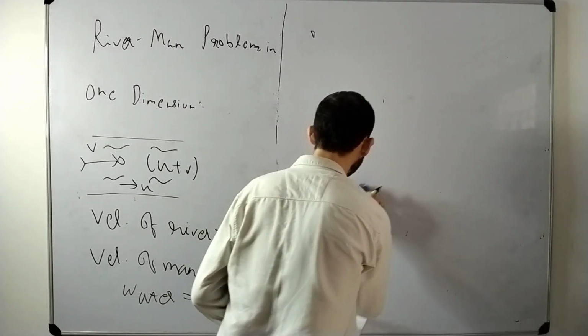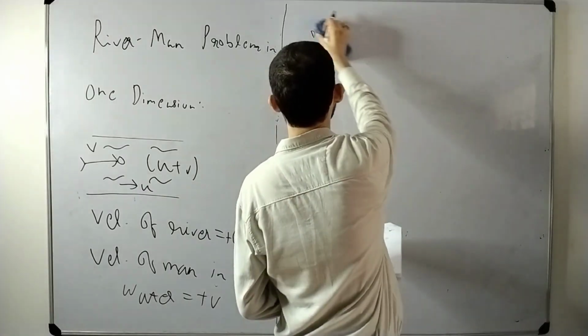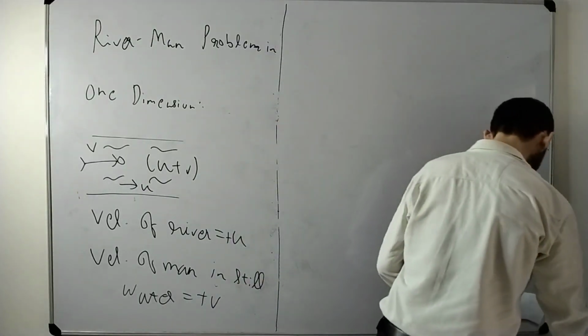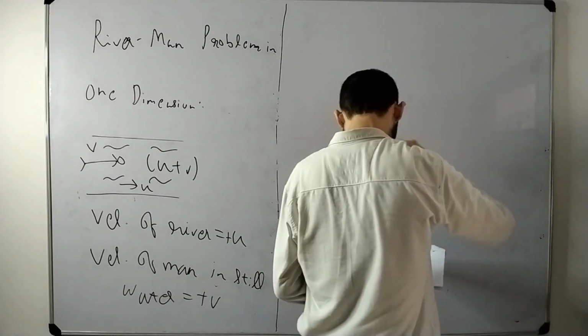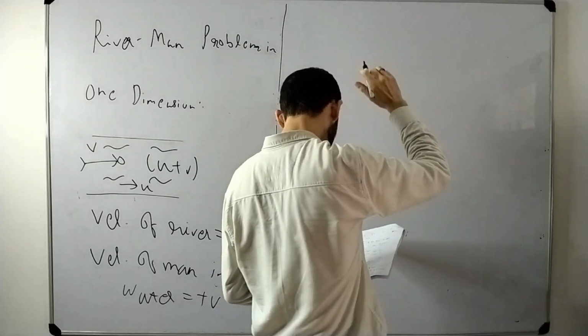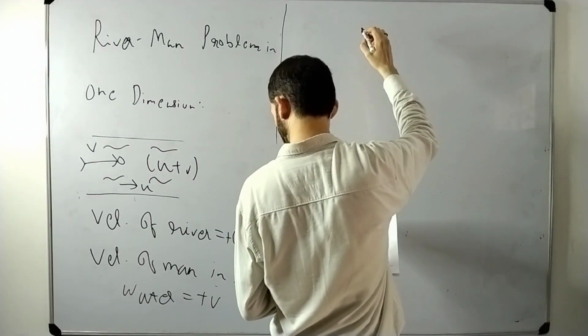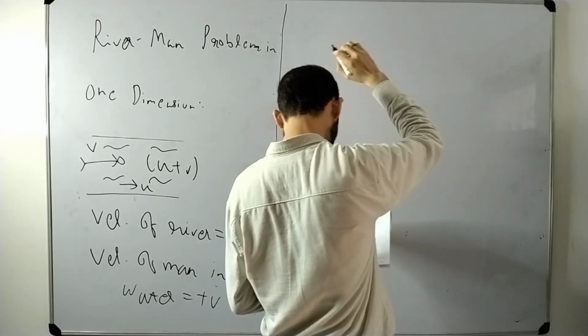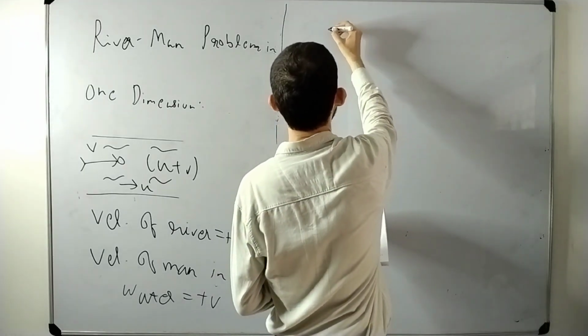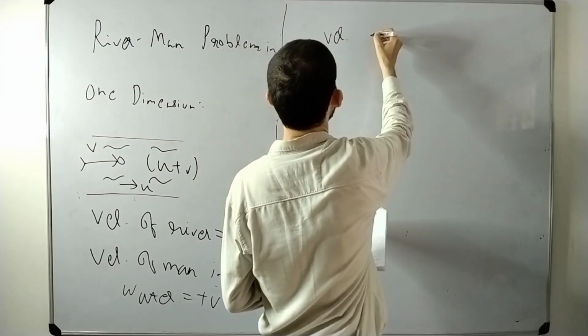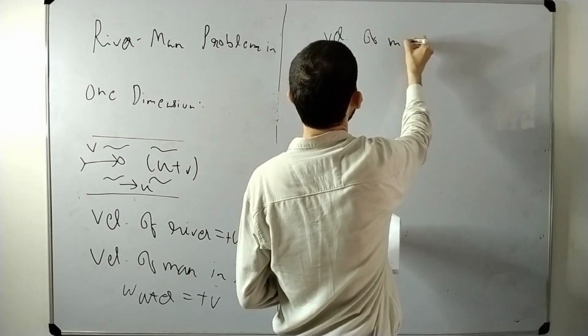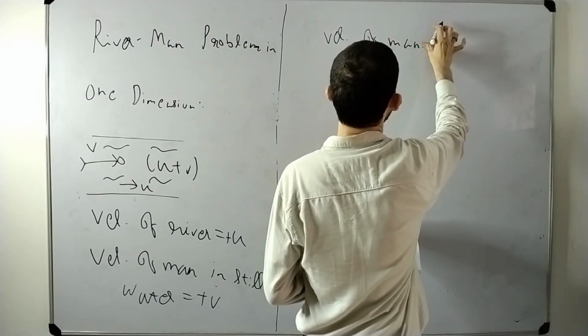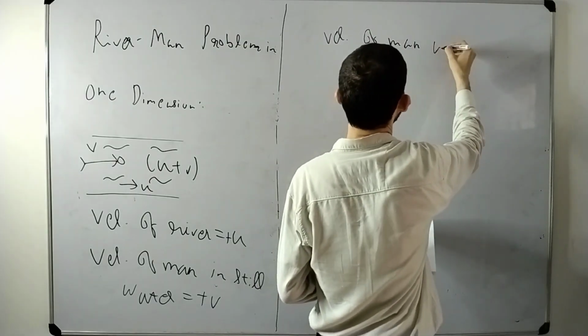So what does the equation become? You would tell us the equation of the velocity of man with respect to river.